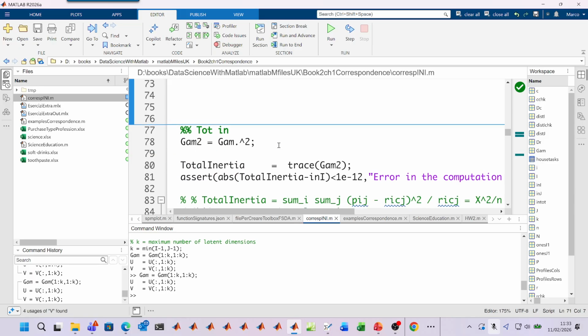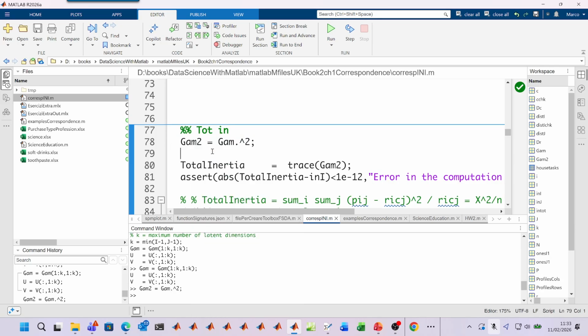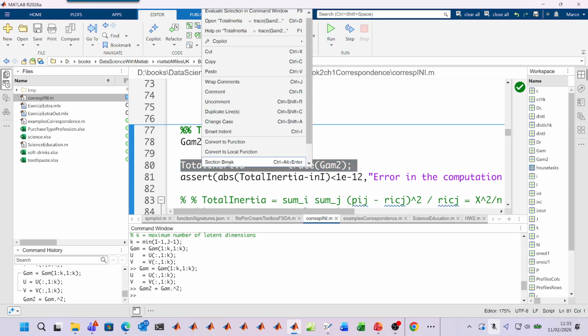UV, total inertia, and then gamma, the singular values squared. The trace of this gamma squared is the total inertia, the sum of the eigenvalues. Total inertia is this one.